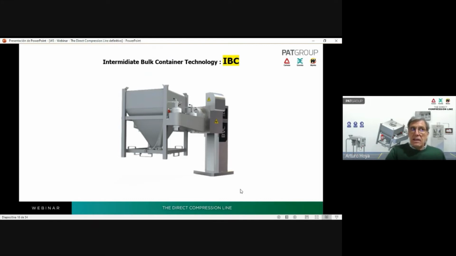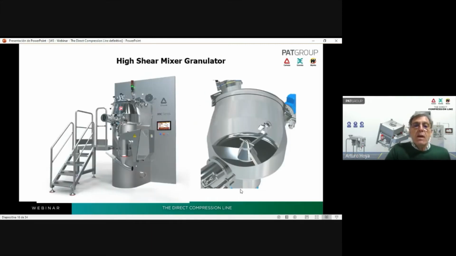And this type of technology gives us the possibility to reduce segregation problems. We will see. And of course, these are the typical convective mixer blenders, the high shear mixer granulator.